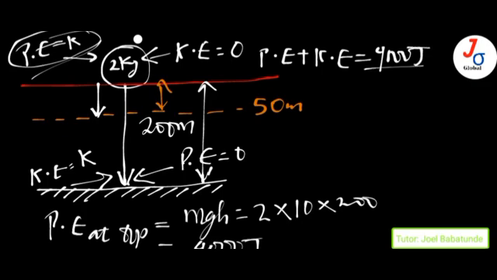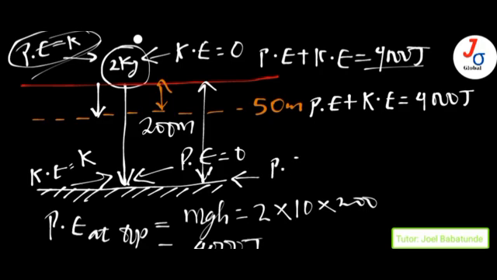It's going to be the same at the 50 meters mark: PE plus KE equals 4,000 joules. It's just a law. And at the bottom, PE, which is 0, plus kinetic energy, which is K, also 4,000, equals 4,000 joules.